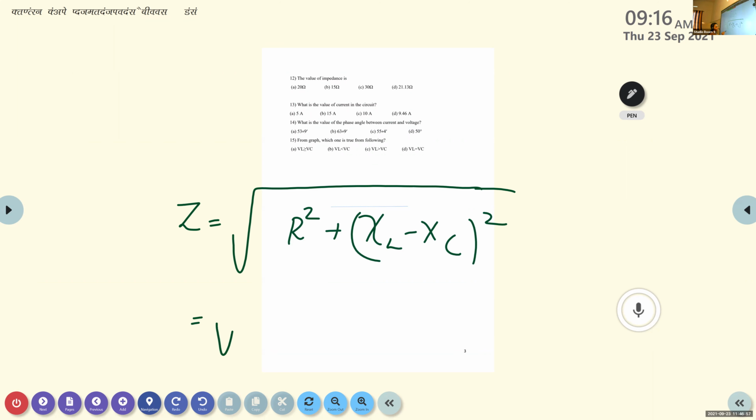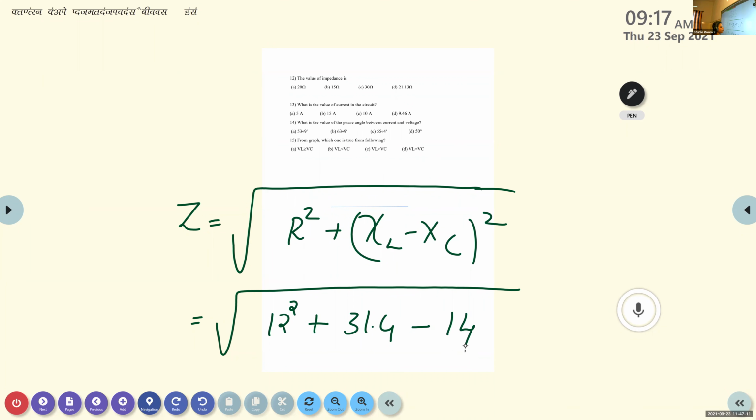The resistance is given as 12, the inductive reactance already found is 31.4, and X_C is given as 14. So root of 12 square plus 31.4 minus 14 the whole square.